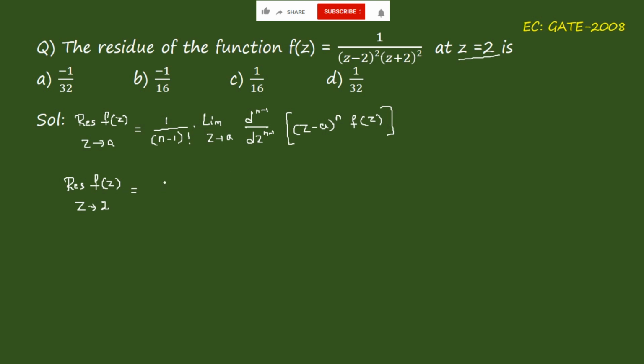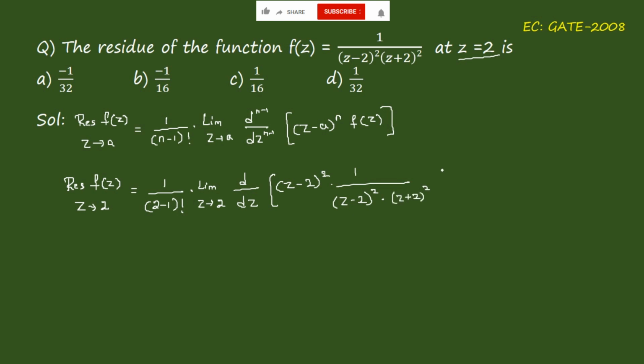So it becomes 1 by (2 minus 1) factorial into limit z tends to 2, d by dz into (z minus 2) whole square into 1 by (z minus 2) whole square into (z plus 2) whole square, right?